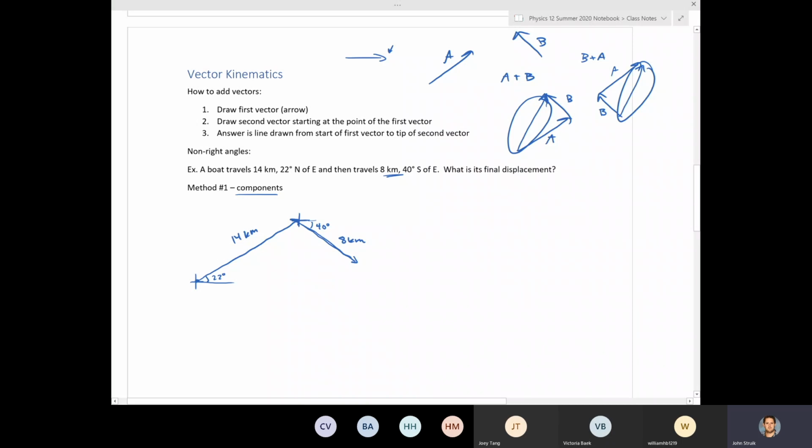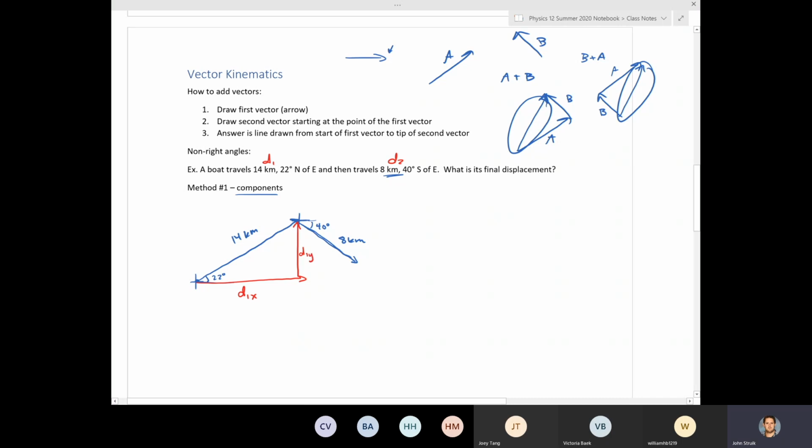If you think about every vector being some x, some y, then you can break it into components. This is going to be the first one, the x. Let's call these D1 and D2. So this will be D1x, and this one is going to be D1y.